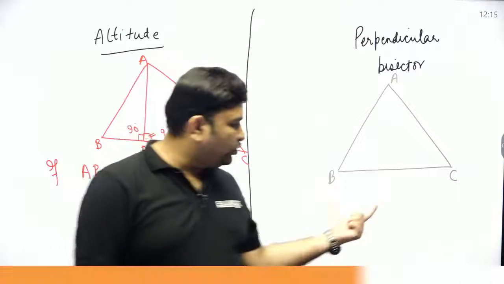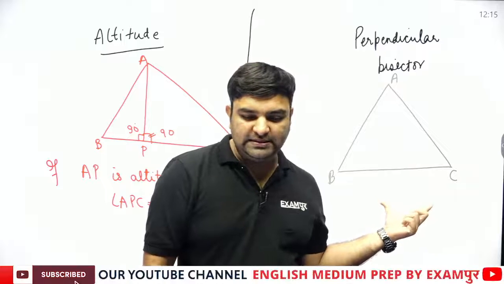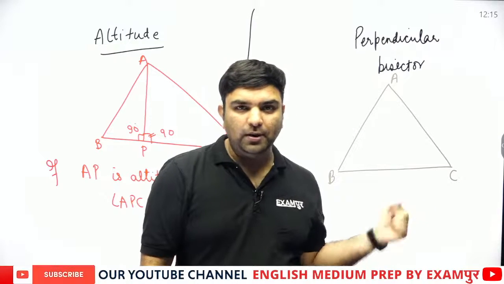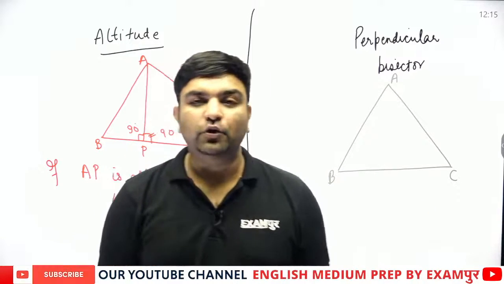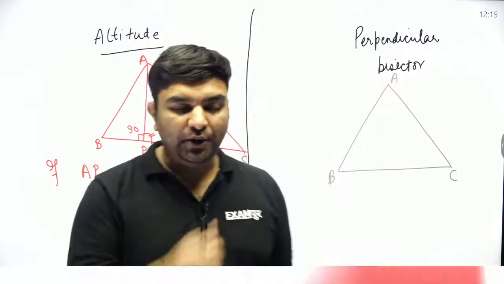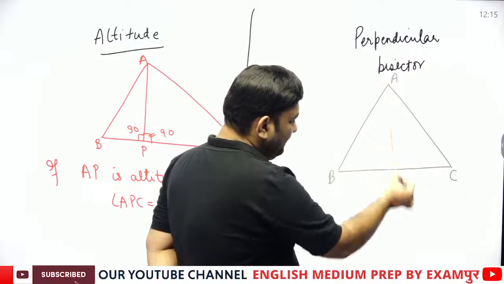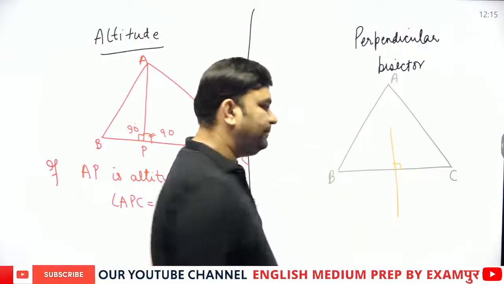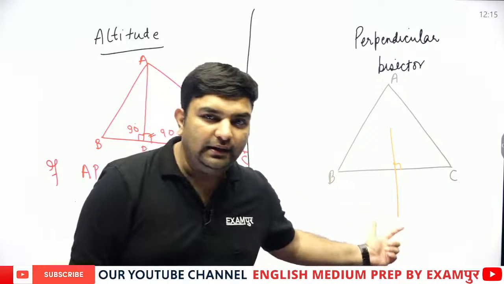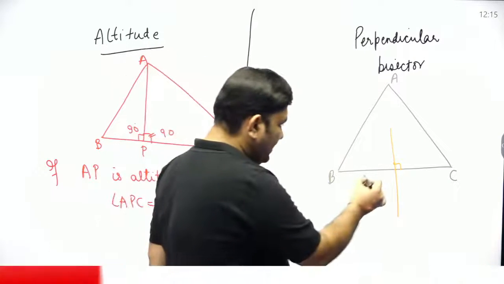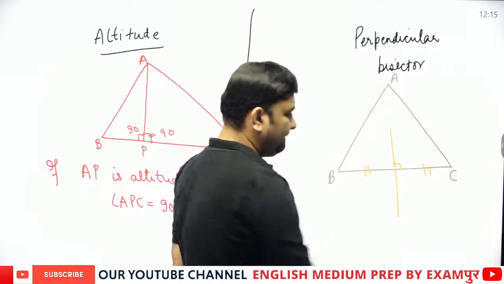Like, if I want to draw the perpendicular bisector for BC, I would be drawing a line which would be making 90 degree with the side and dividing it into two equal parts.